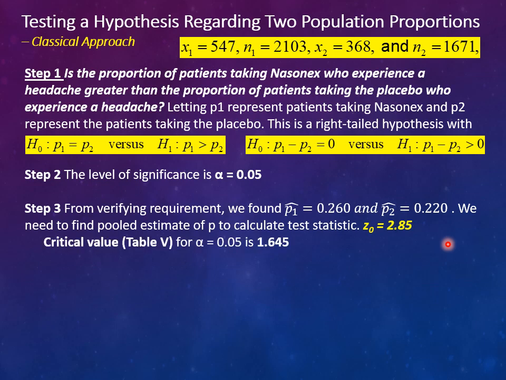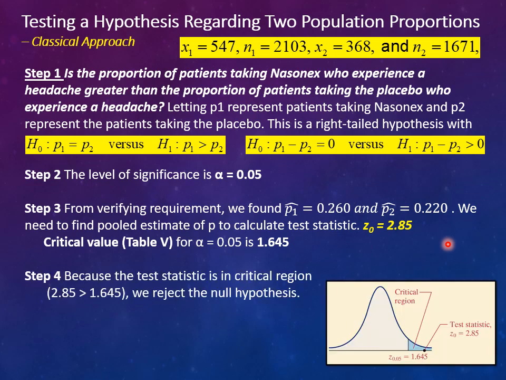If we go to table 5 and look for the critical value for alpha equals 0.05. Now remember, this is the critical value at the bottom table. There's actually 3 tables under table 5. We're looking at the small bottom table on the right for a right-tailed experiment with a level of significance of 0.05, and we get that the critical value is 1.645.